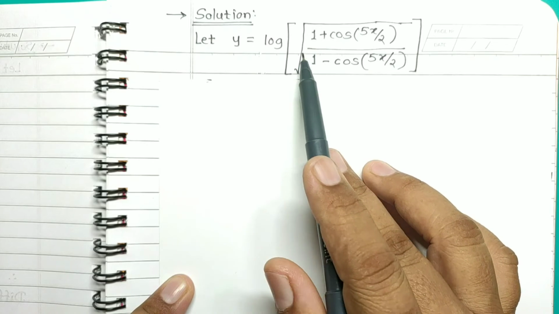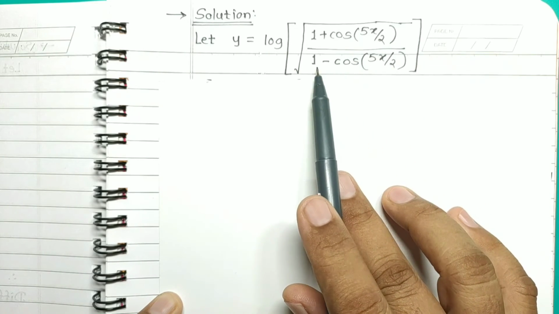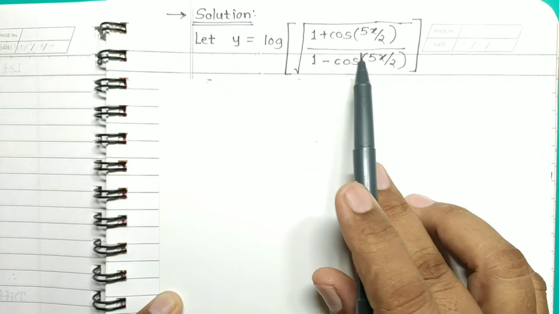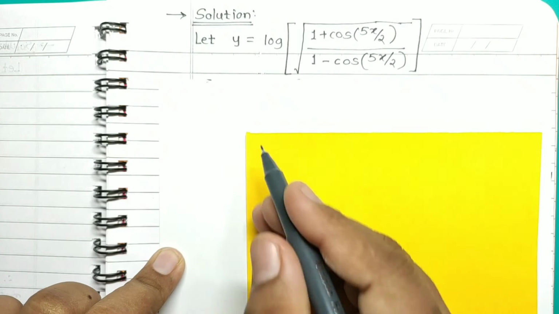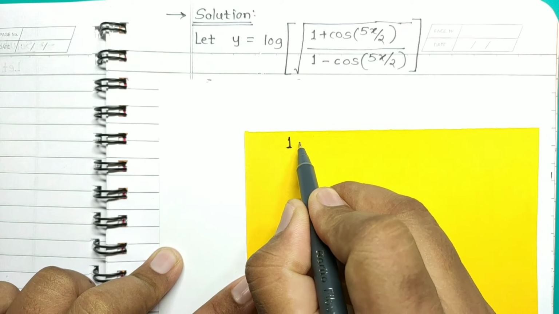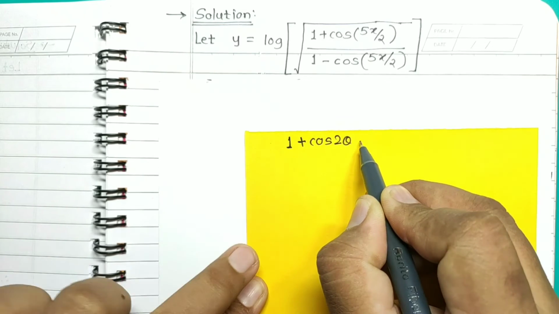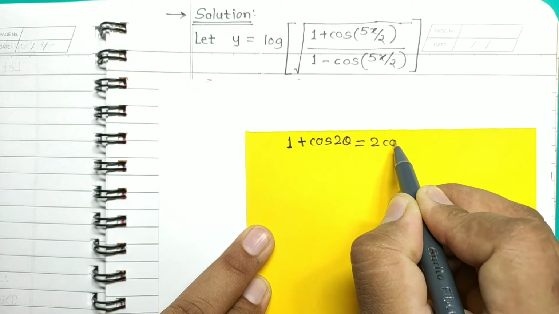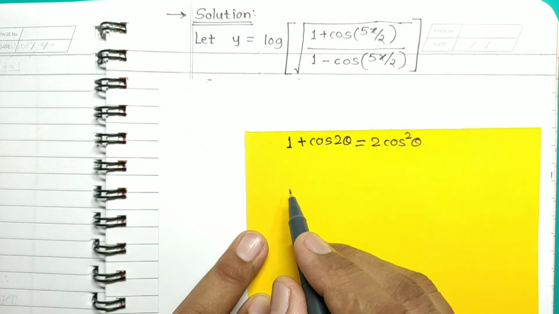See, the square root contains trigonometric terms 1 plus cos and 1 minus cos, and we find these terms in trigonometry. Let's recall results from trigonometry. We have 1 plus cos 2 theta, which we can write as 2 cos square theta. Remember this formula from trigonometry.